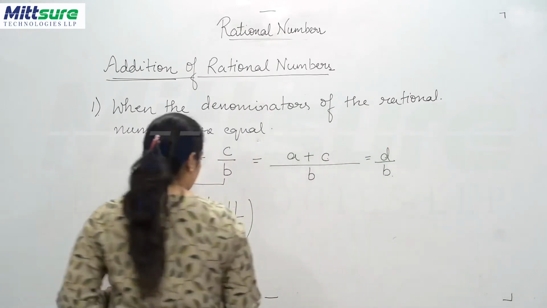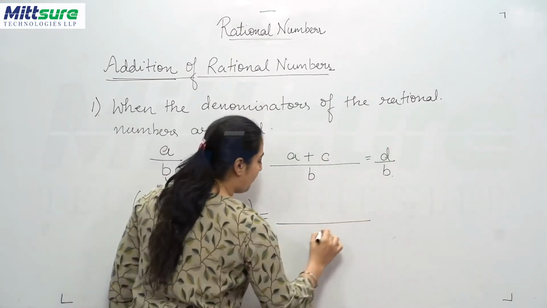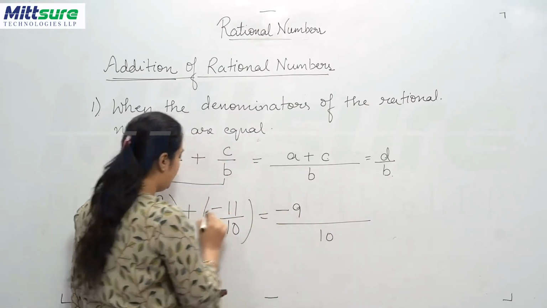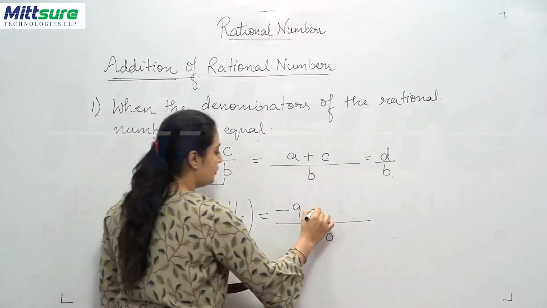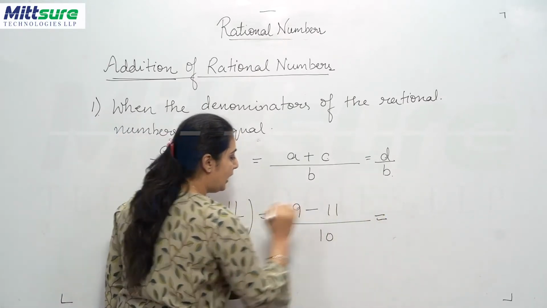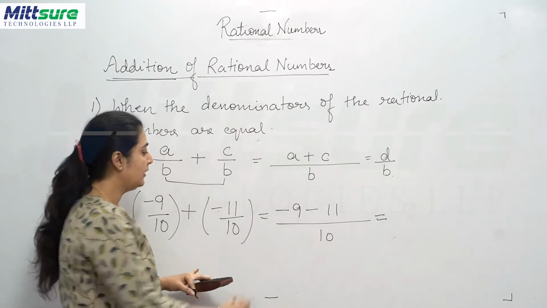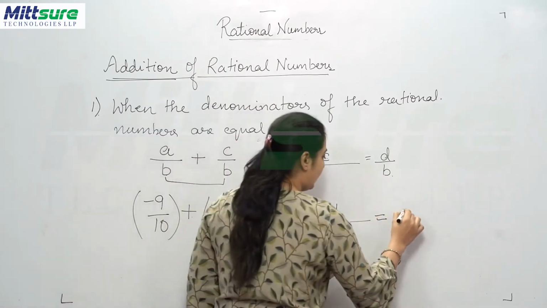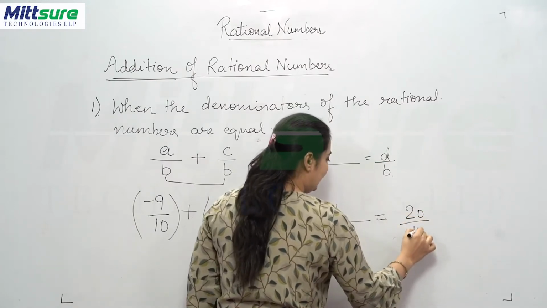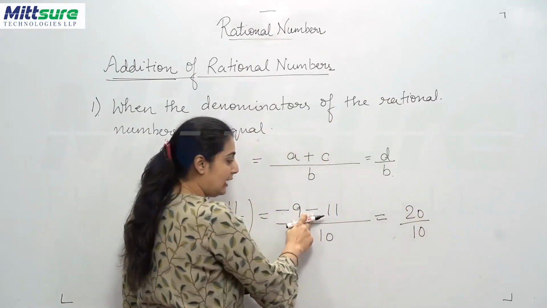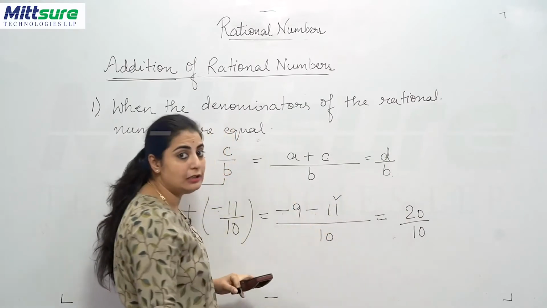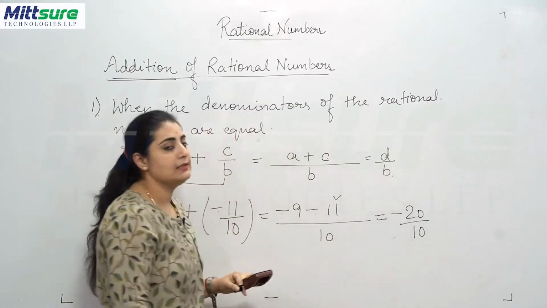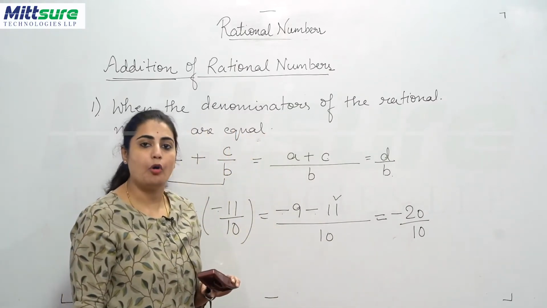So let's see how we do that. Taking the common denominator 10, here minus 9 plus minus 11. Okay, so now what are you getting? This minus and this minus, that means both the values will be added. So 20 upon 10. Now the sign of the greater numerical valued integer will be given to 20, so the answer becomes minus 20 upon 10.